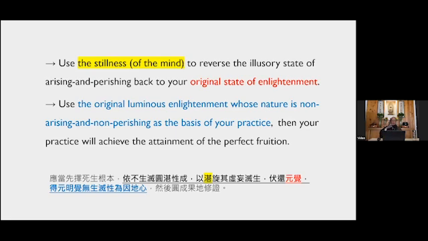When we are facing the body or mind, the arising and perishing things, we always go back to the samatha practice, or stilling the mind, so as not to follow the up and down, or arising and perishing.